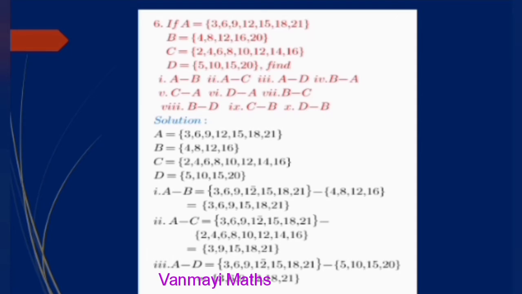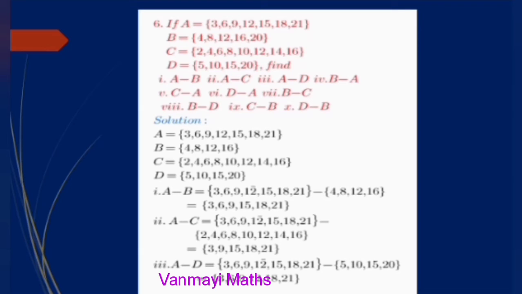So A minus B. Here observe, we have to eliminate only the common elements and write the elements which are present in A. So 3, 6, 9, 15, 18, 21. So 12 is cancelled. A minus C, here C has the elements 2, 4, 6, 8, 10, 12, 14, 16.